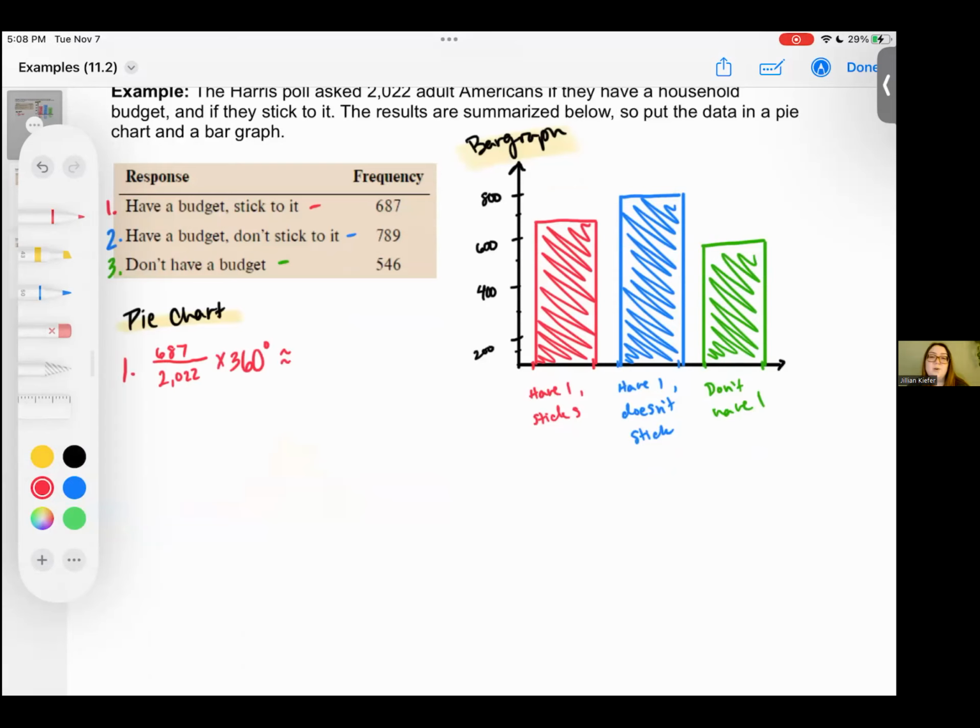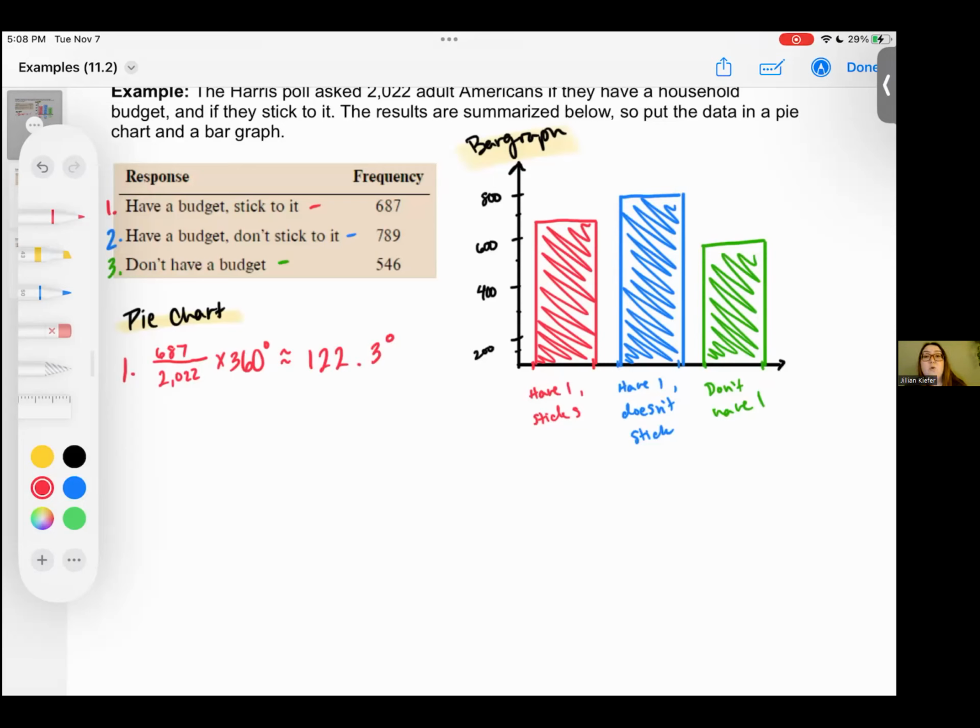In this case, we're just rounding to 1 decimal place. And so taking 687 and dividing by 2022, we should end up getting 122.3 degrees. So having a budget and sticking to it would be about 122.3 degrees.